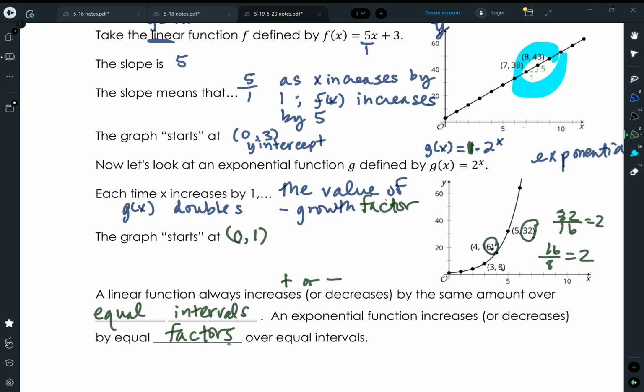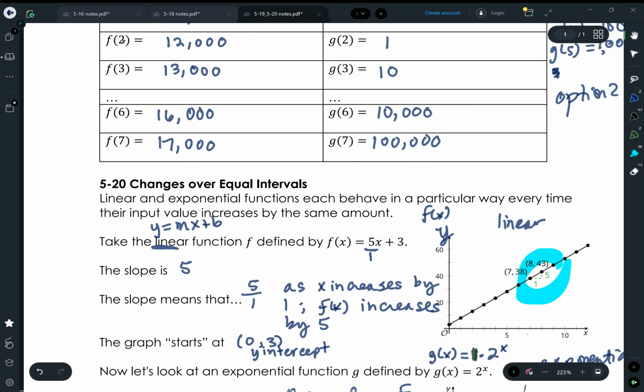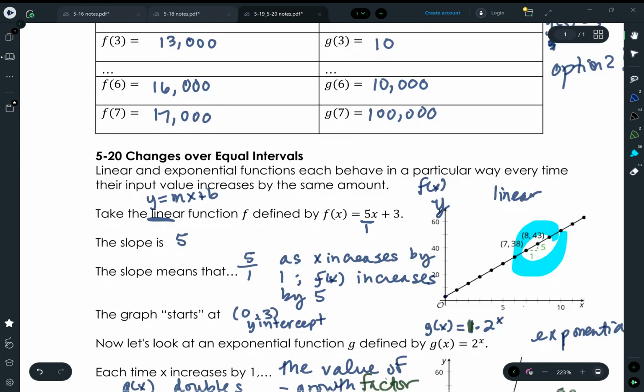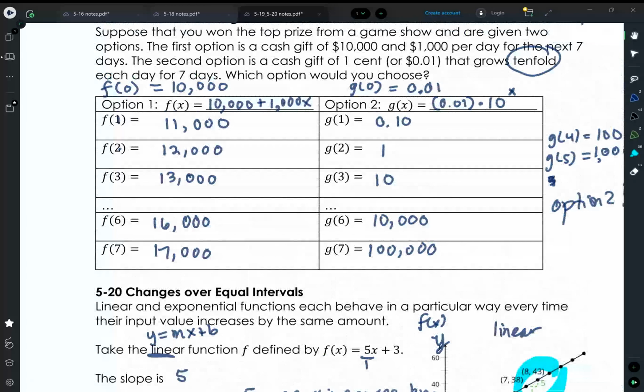So when we talk about exponential, we want you to think about how we're multiplying something each time. So linear, adding and subtracting. Exponential means we're multiplying by the same thing over and over and over again. Those are really some key ideas for this unit. So big ideas today are just kind of comparing how linear and exponential functions grow. Can you look at it in a table?